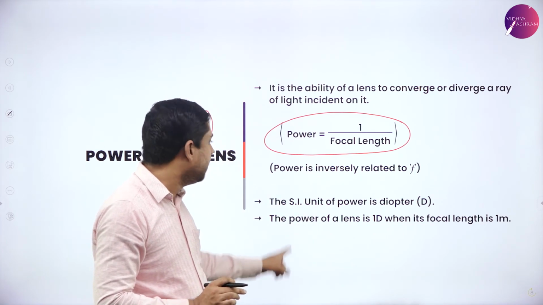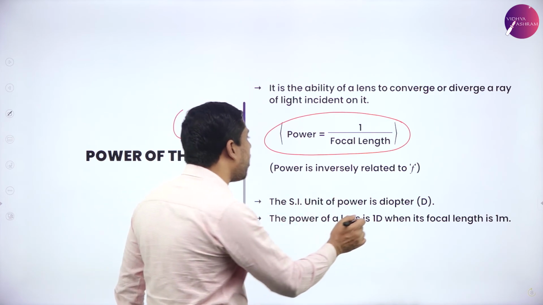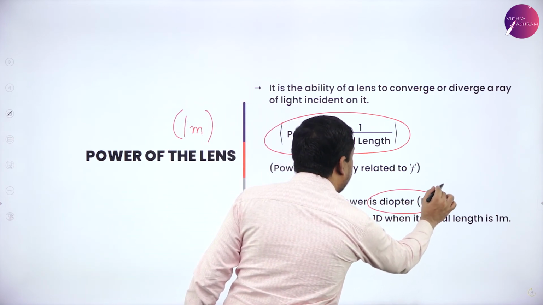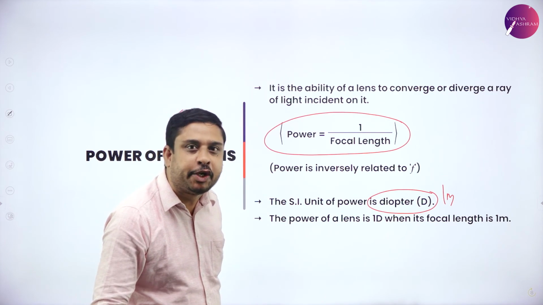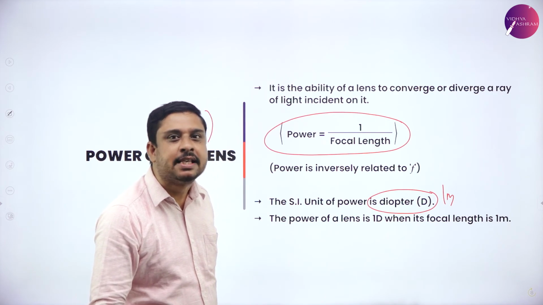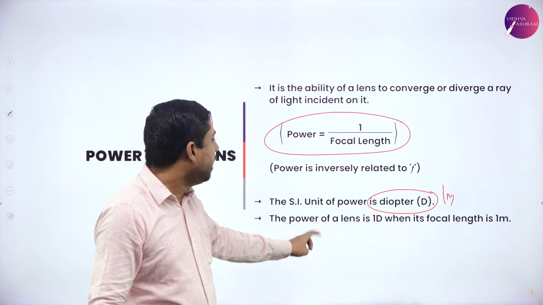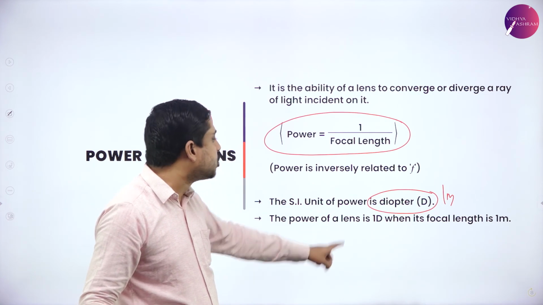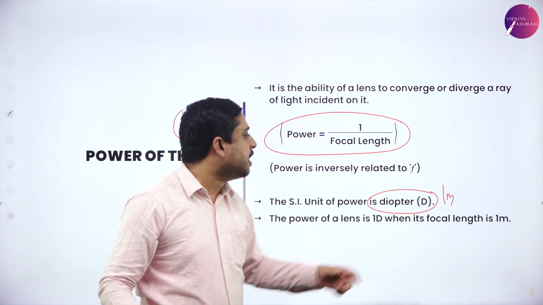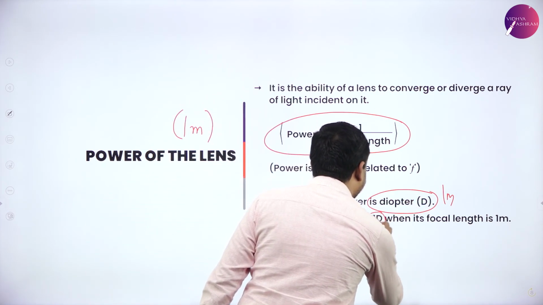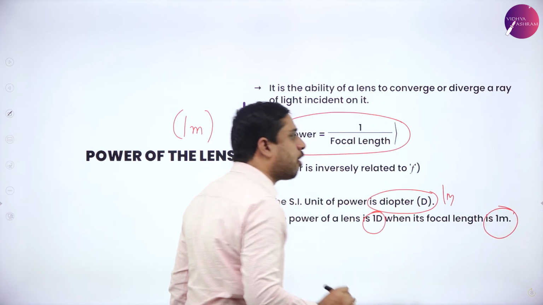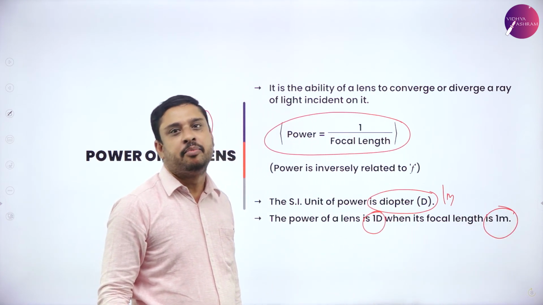Therefore, we say SI unit of power is diopter. Again, 1 mark. The SI unit of power of a lens is diopter, and power of a lens is 1 diopter when the focal length is 1 meter.